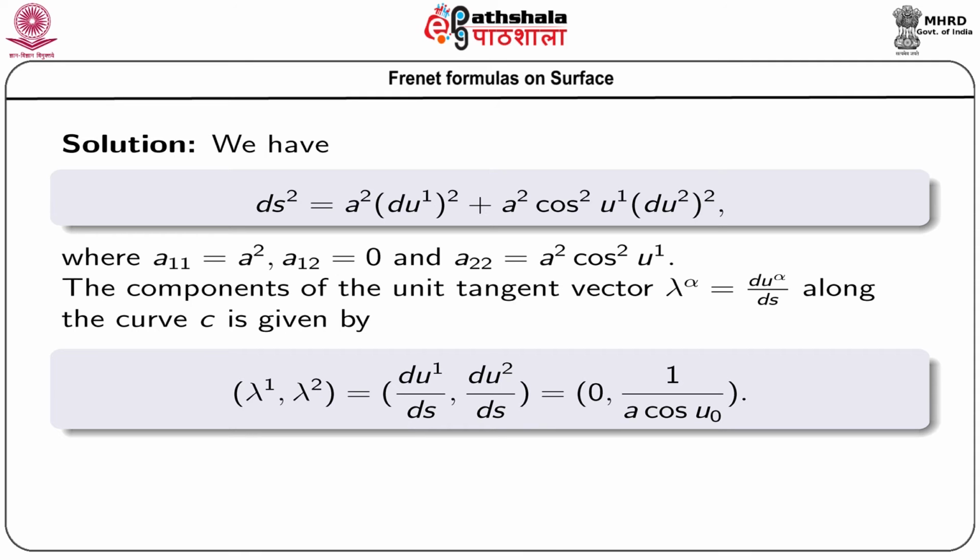Now, if we find the components of the unit tangent vector lambda alpha, that is du alpha ds, along the given curve, then lambda 1 and lambda 2 have the components 0 and 1 by a cos u 0.